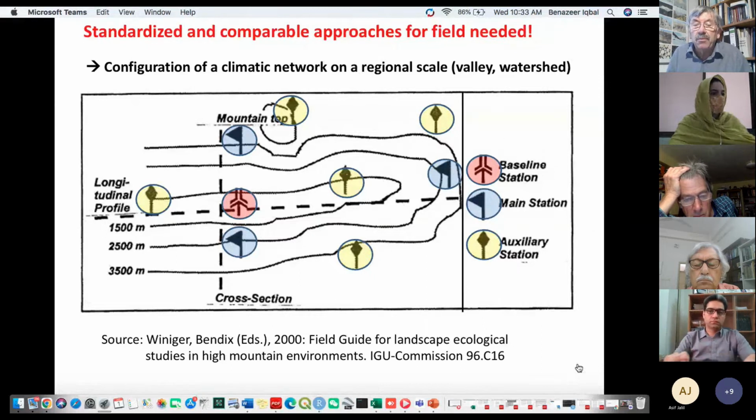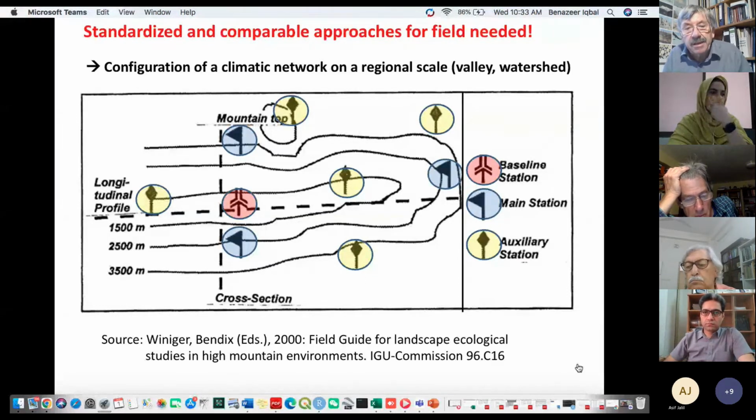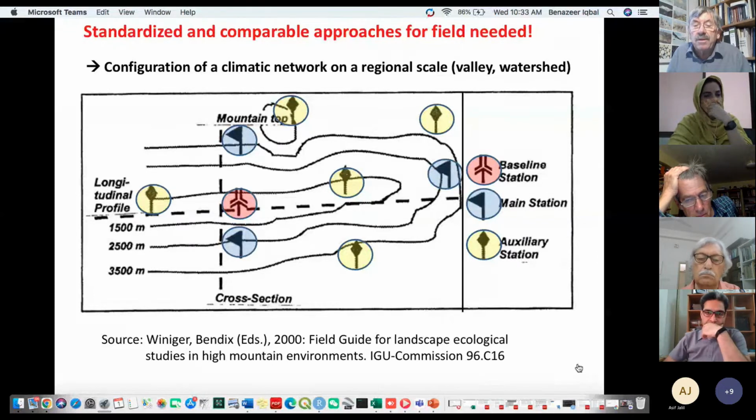Unfortunately, when you go to the field, and maybe until recently, stations have been put where it was possible to reach, on a roadside, somewhere where it's very simple because there's a hut nearby and so on. But it's so different in the mountains that we have to say, no, that's not the way. We must try to have a very clear context.